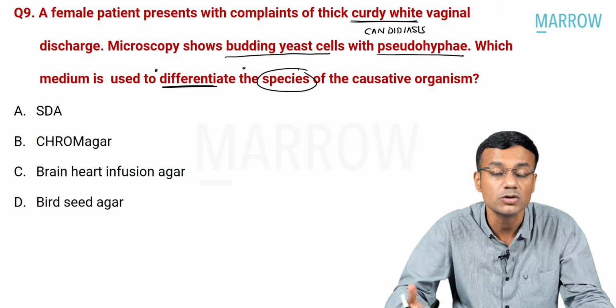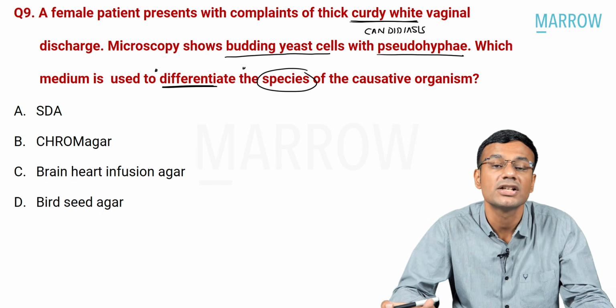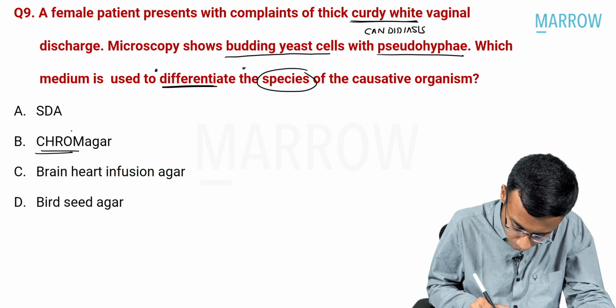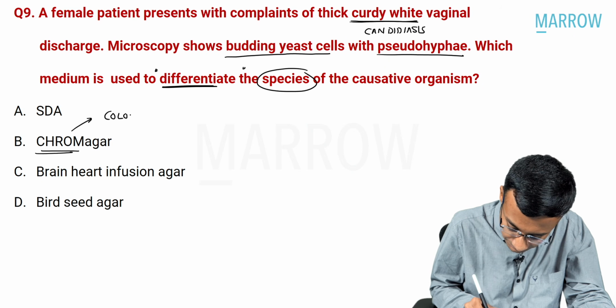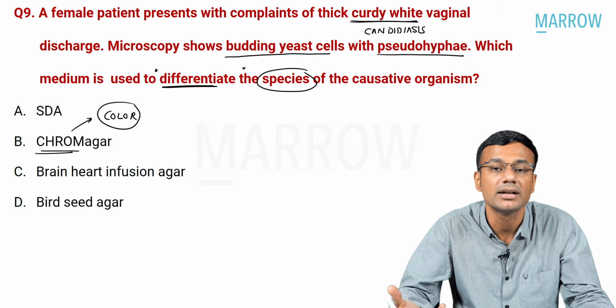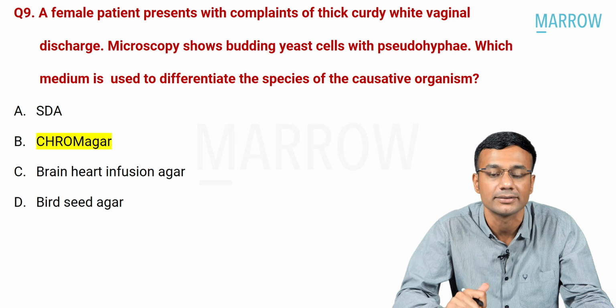Now, please remember, many students in the exam straight away marked Sabouraud dextrose agar. Sabouraud dextrose agar cannot differentiate species. The correct answer here is chrome. Chrome means color. That means based on different colors for different species, chrome agar can distinguish the species of Candida. That's why the correct answer to this question is chrome agar.